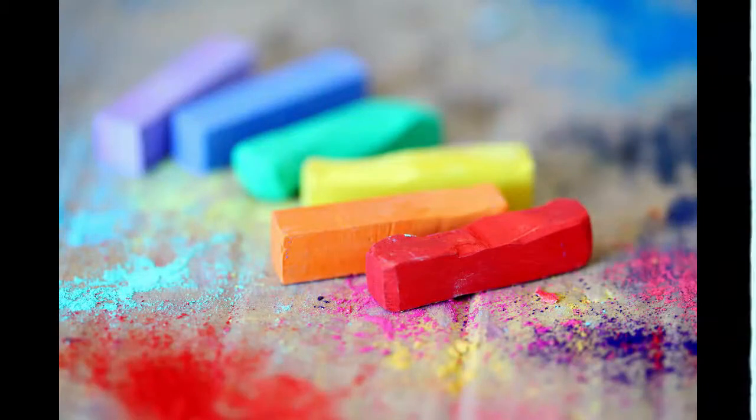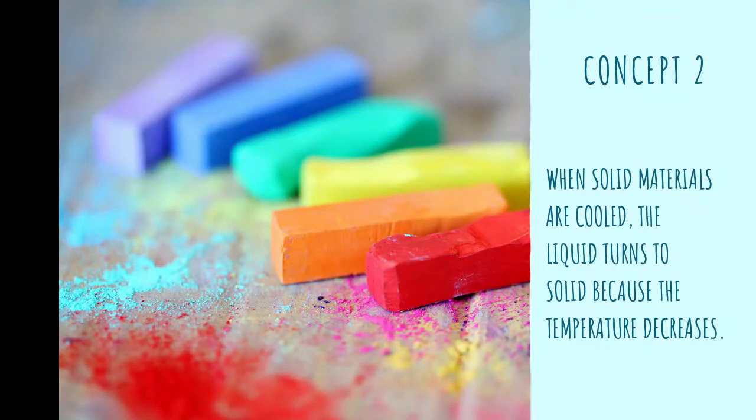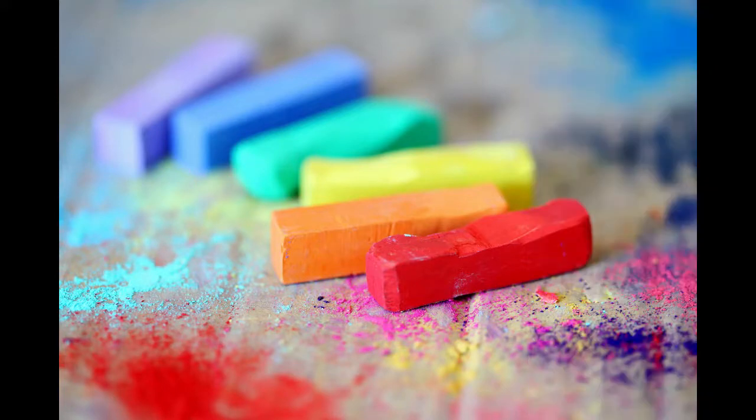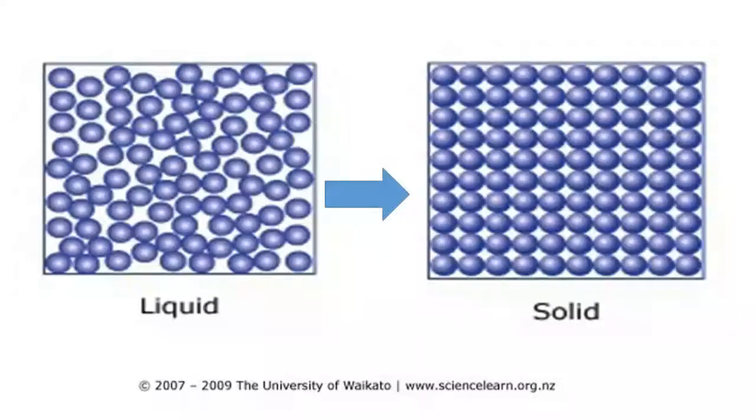Next, when solid materials are cooled, the liquid turn to solid because the temperature decreases. Pag bumababa po yung temperatura, lumalamig na. So, ano nangyayari dun sa galing sa pagiging liquid niya? Ito ay tumitigas na.